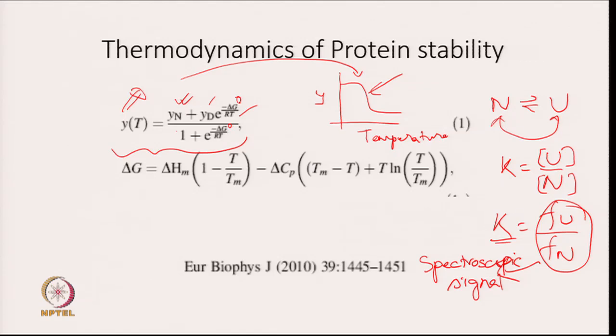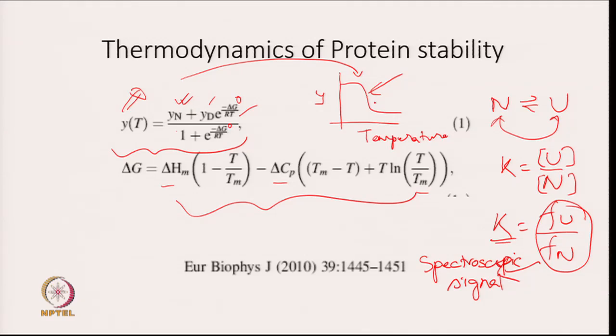You can also get the values of delta H m, delta C p and T m, since delta G is related to this whole quantity which I discussed last time. So, not only can you calculate delta G naught, you can also know delta H m, T m, and delta C p. All these quantities can be calculated at a particular temperature just by nonlinear fitting of this profile.